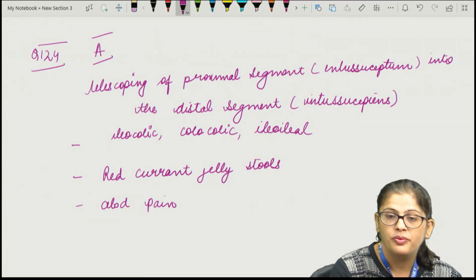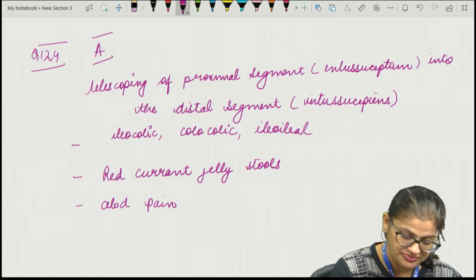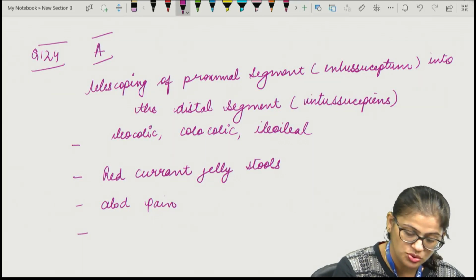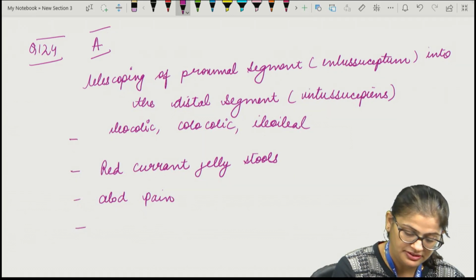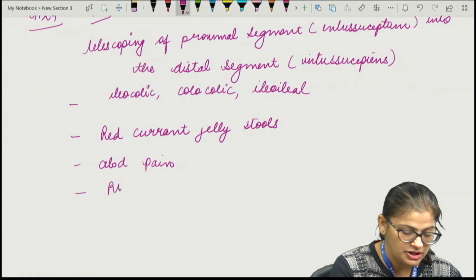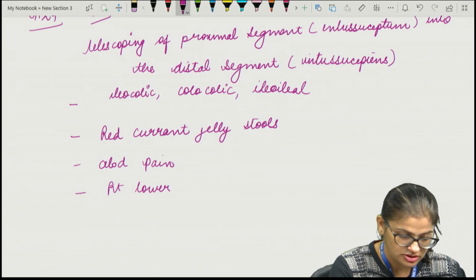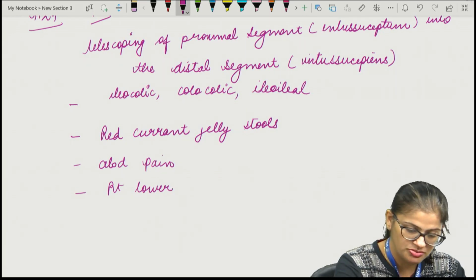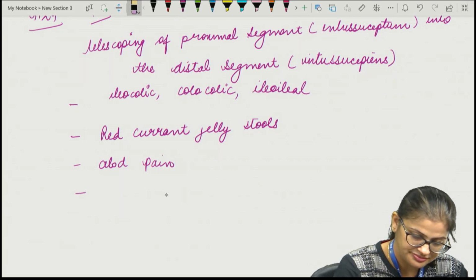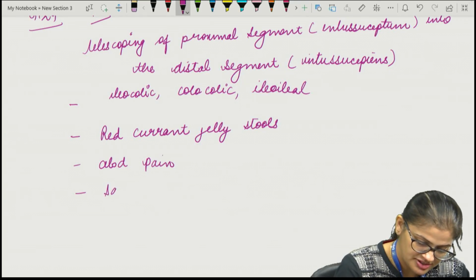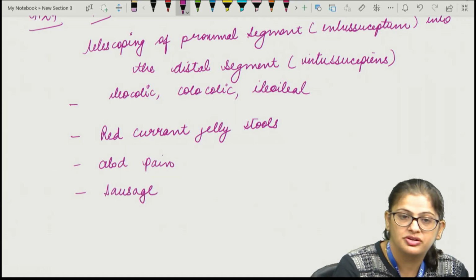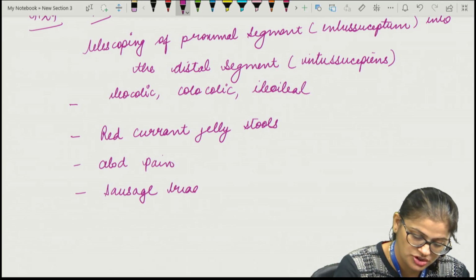So that is how the symptom of abdominal pain can be discerned in young children. So red currant jelly stools, abdominal pain, and right lower quadrant mass, a sausage shaped mass. This is the classical clinical triad that can be seen in a patient of intussusception.